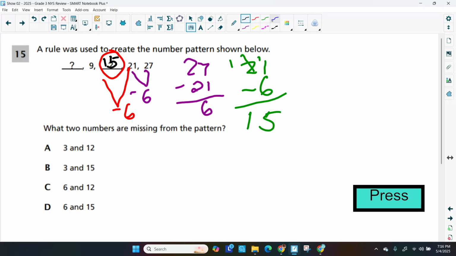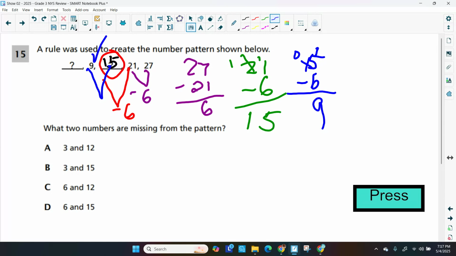So if I continue with that pattern, 15 minus 6 equals 9, which is there already. So that seems to work out.